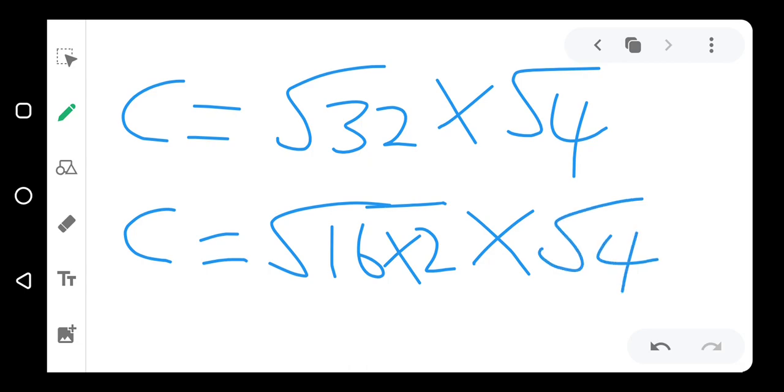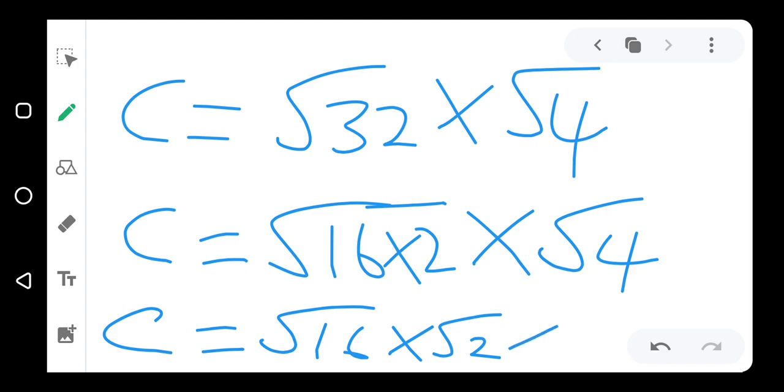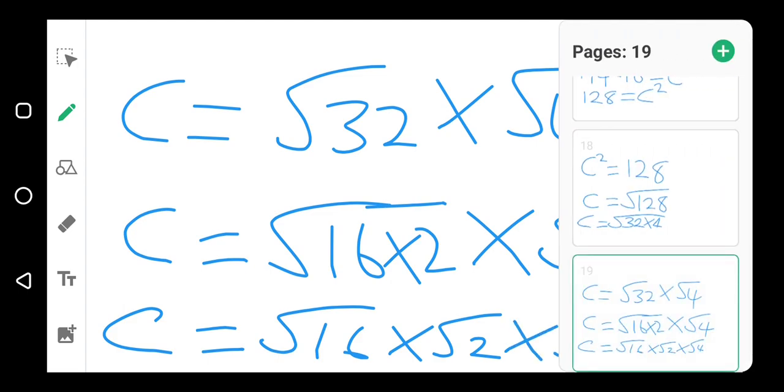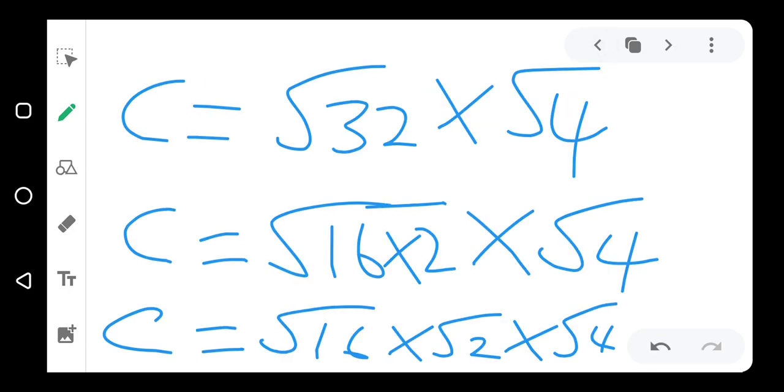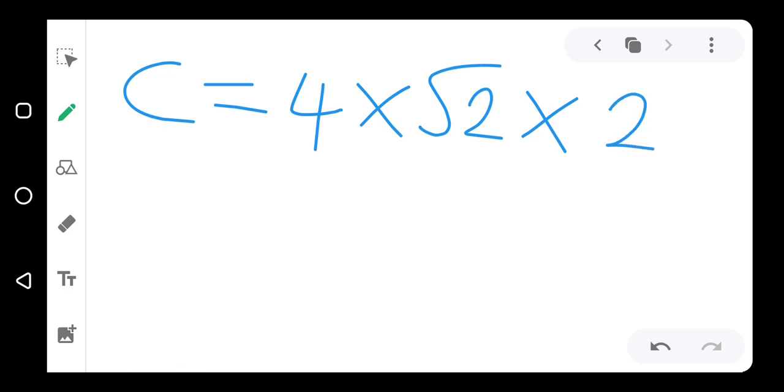So we now have that c is equal to, separate everything, root 16 times root 2 times root 4. Now c is equal to root 16 is 4. 4 times root 2 times root 4 here is 2 times 2.